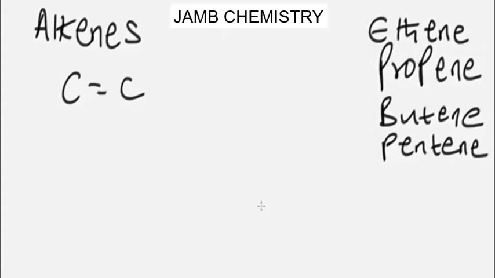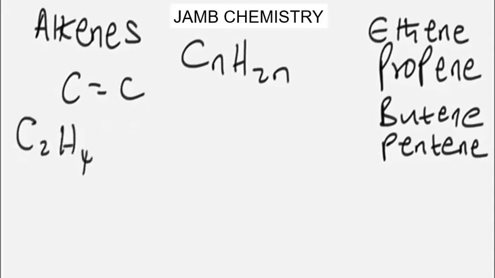Now note that the general formula for alkenes is CnH2n. In other words, ethene has 2 carbon atoms, so the formula will be C2H4. We apply it here.